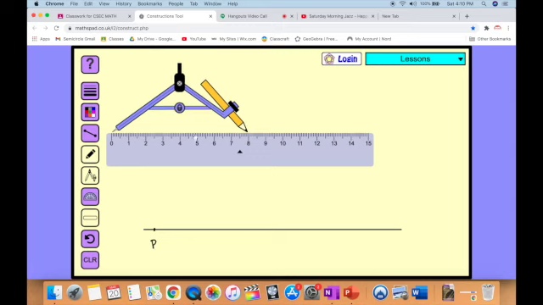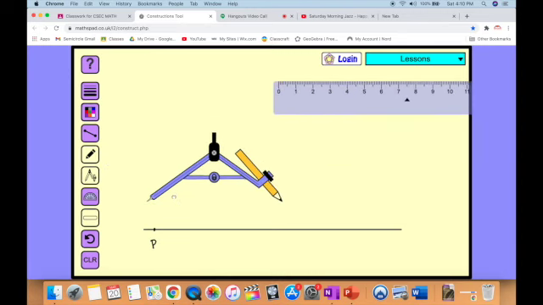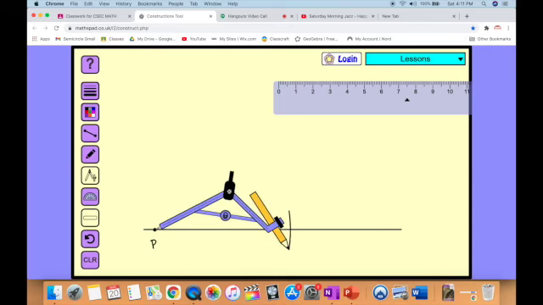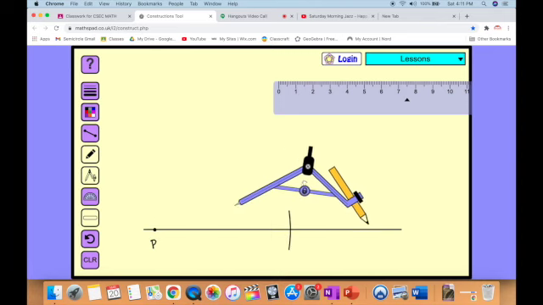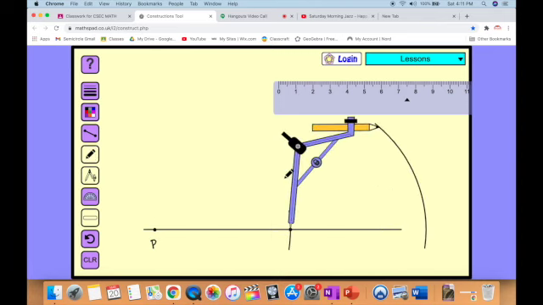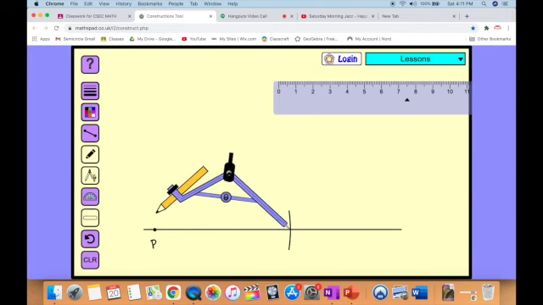And I will lock my compass right there. I will come to the point P, and I will cut an arc here. And I'll cut an arc here.